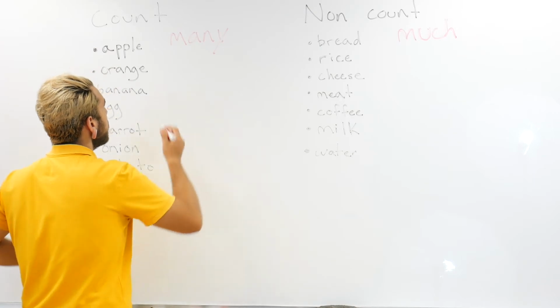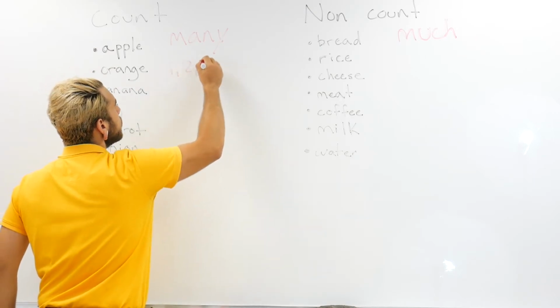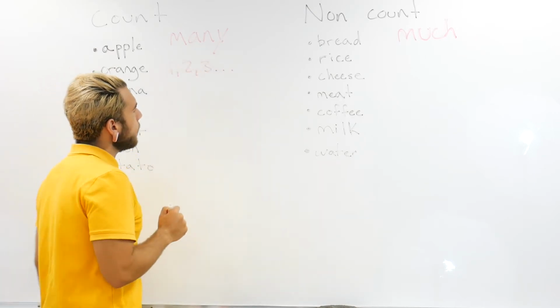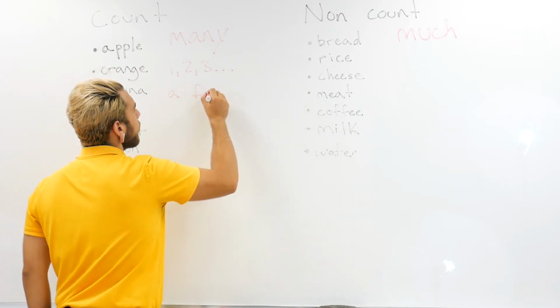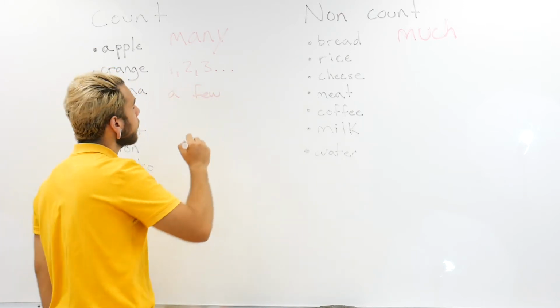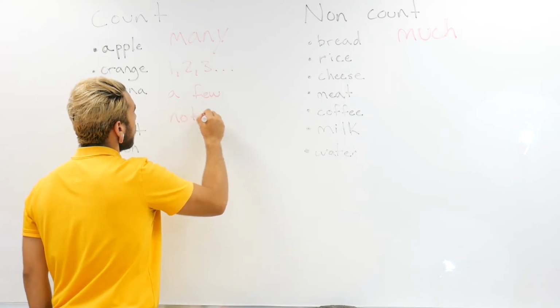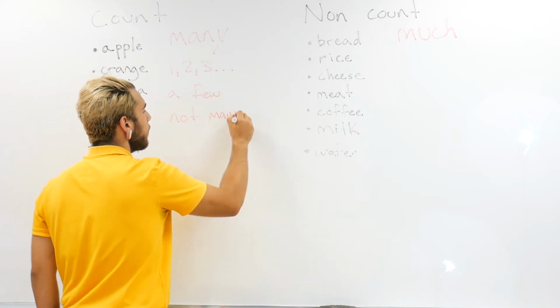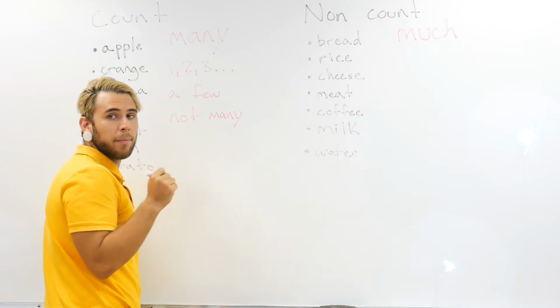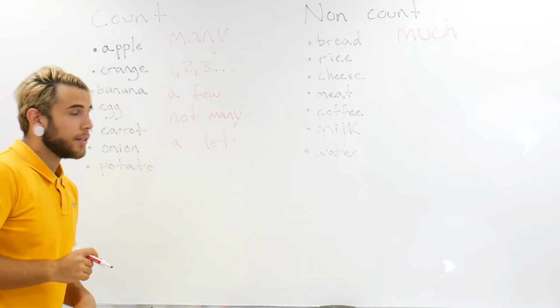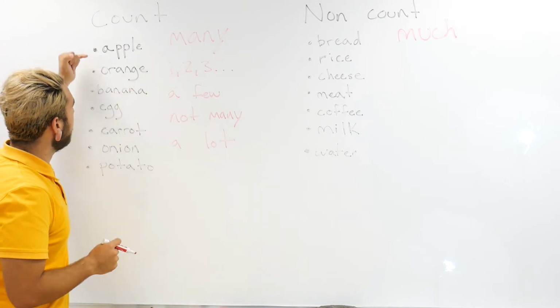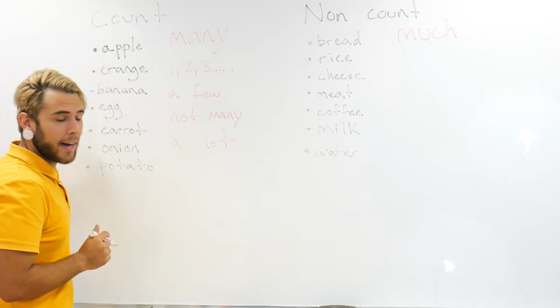So actual numbers, 1, 2, 3, continuing, or we use words like a few, not many, or another one can be a lot. So we will ask a question using many and then one of these count items.